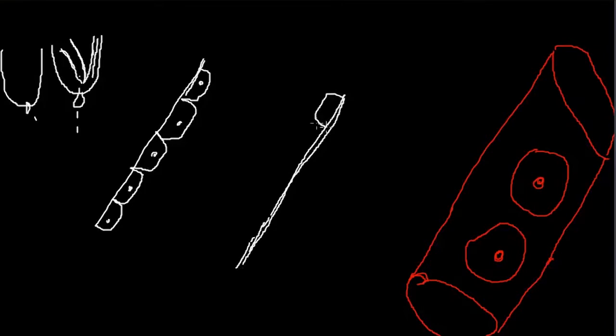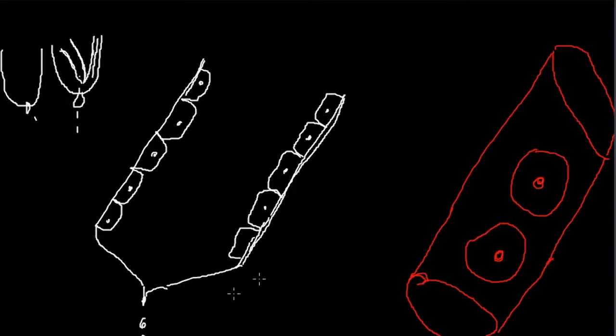The normal cells are very nice and square, and they have nuclei here, here, here, and here. Eventually, this milk duct will come together to the nipple, and the milk will be coming out of here. This red one is a blood vessel, and inside this blood vessel, we have immune cells. So that's how our cells normally look.